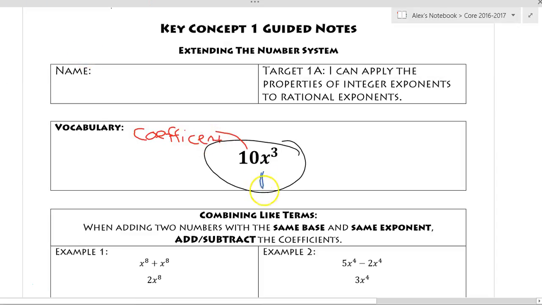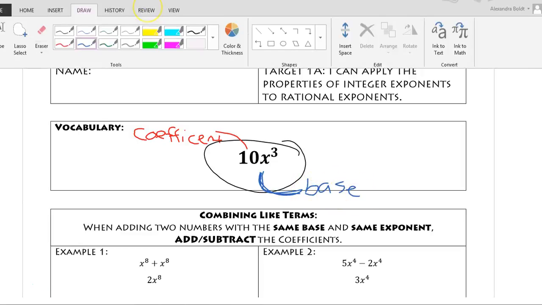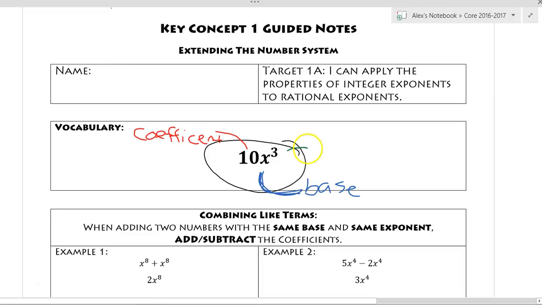The variable in this case, or whatever is being raised to the power, whatever actually has the exponent on it, is our base. And this number itself, the exponent, the power, the number that's up a little bit higher, that's what it's being raised to. So those are our three main vocabulary words for this target: coefficient, base, and exponent.